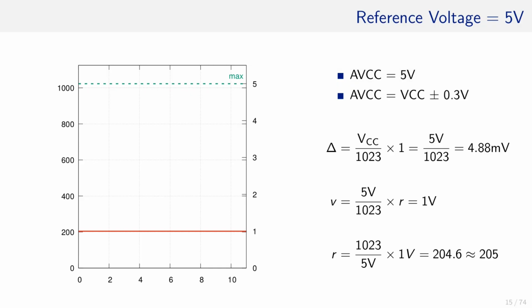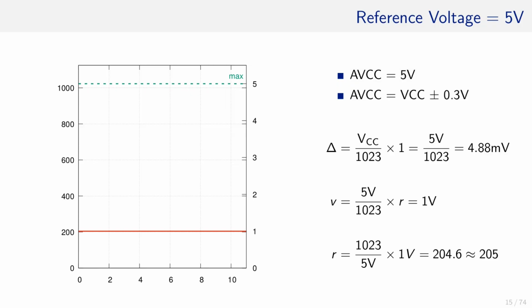Let's say AVCC is 5 volt, which is the case in Arduino. That means the maximum voltage that can be measured is 5 volt as well. Therefore, between 0 and 5 volt are 1024 distinct increments of 4.88 millivolt.